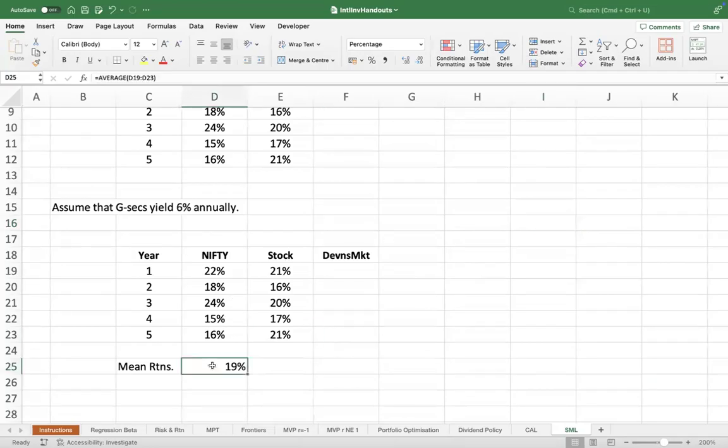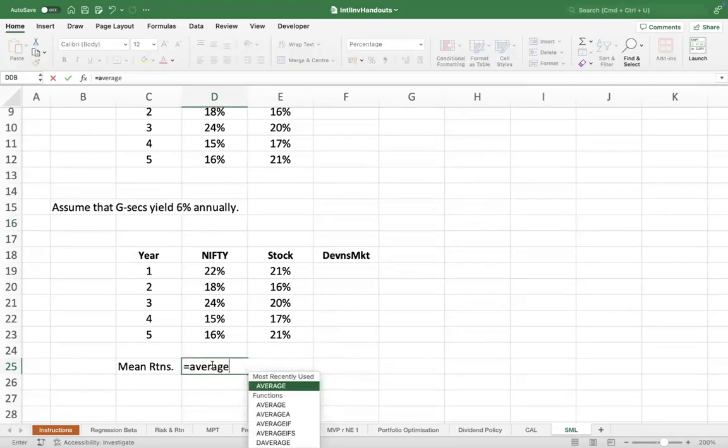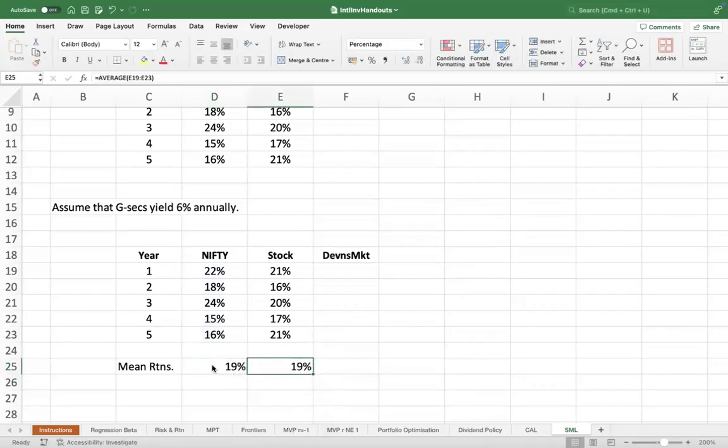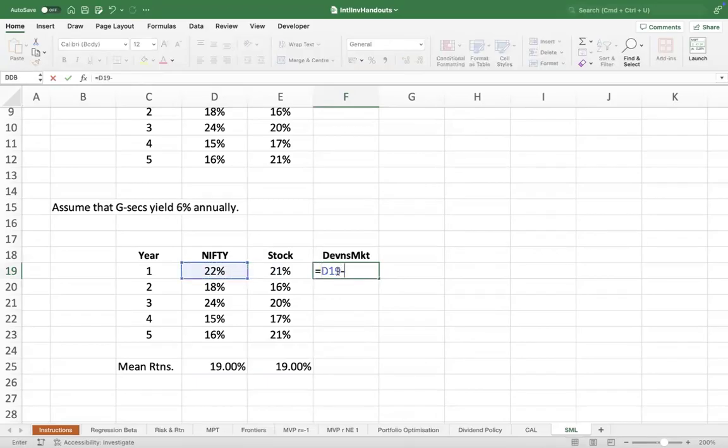So first I'll take the mean returns for both Nifty as well as the stock here. And you see that the mean return is equal for both Nifty as well as the stock. So xi minus x bar, that is your deviations in the market, right?